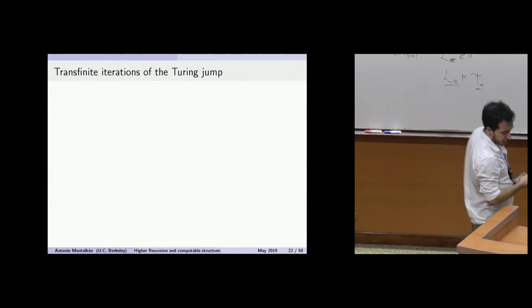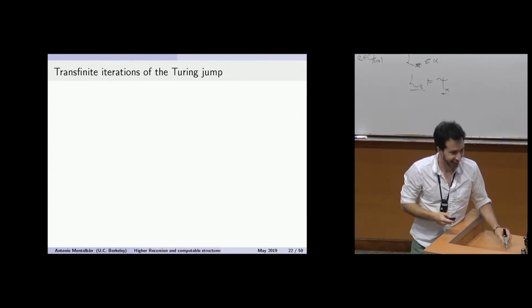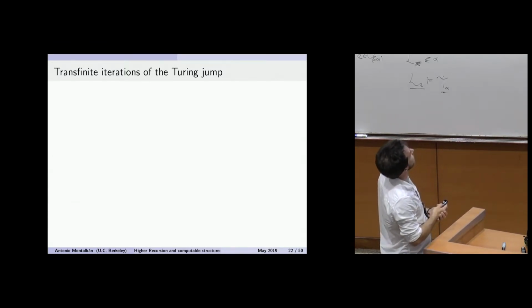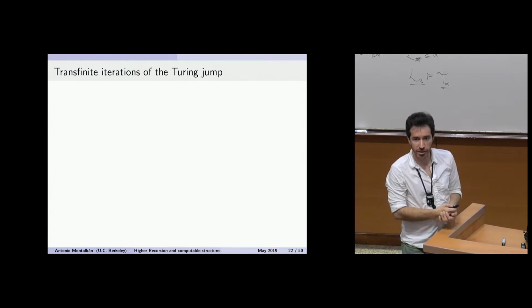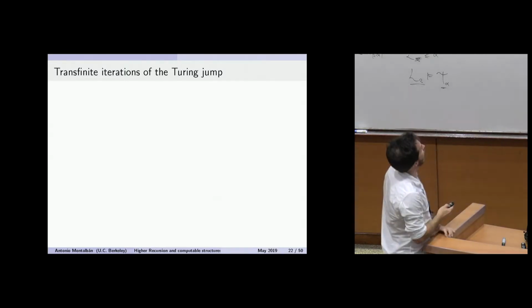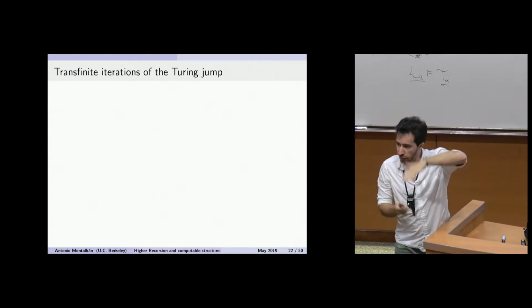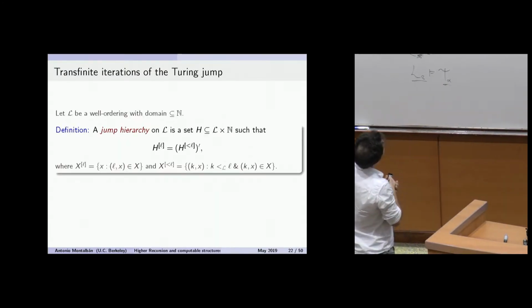The usual definition, or the old definition, of the hyperarithmetic set is using iterations of the Turing jump. So let's look at that one. Now we're going to iterate the Turing jumps, not just finitely many times, but through the ordinals. And I'm going to do it as follows.